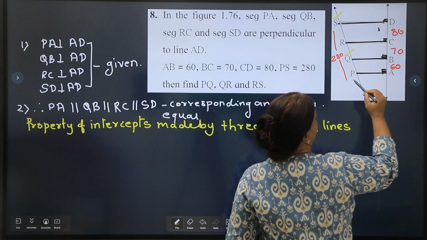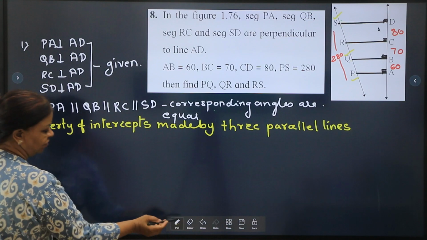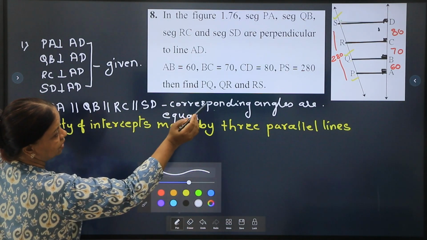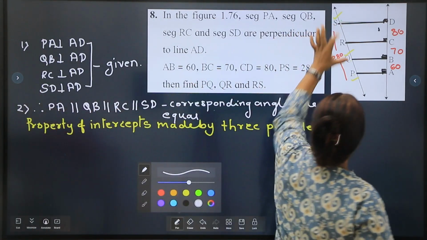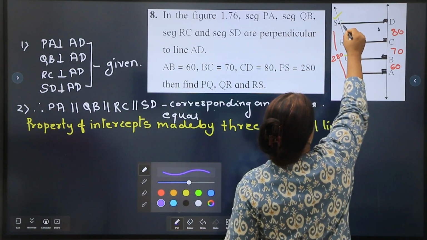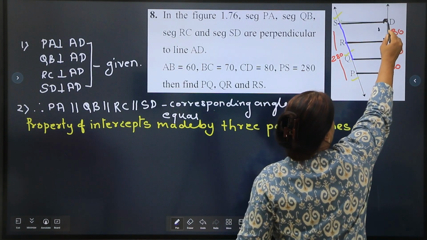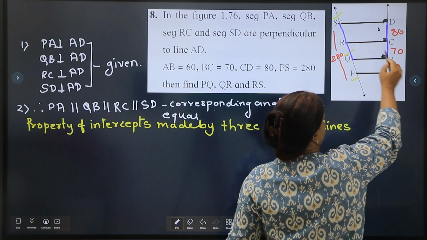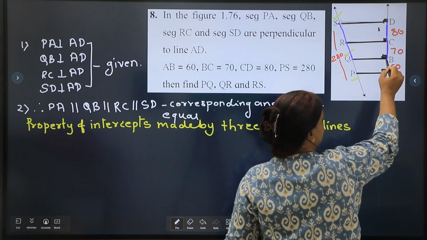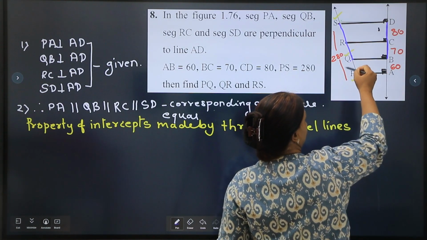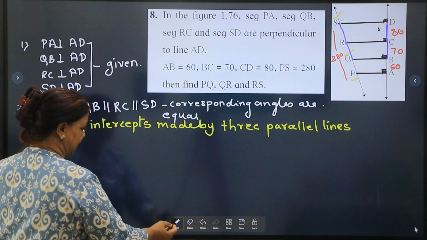If I take SD and QB, I will have to take the intercept SQ. This upon this is equal to this, that is DB upon AB. See, SQ upon QP is equal to DB upon AB. Clear? Let us take that.